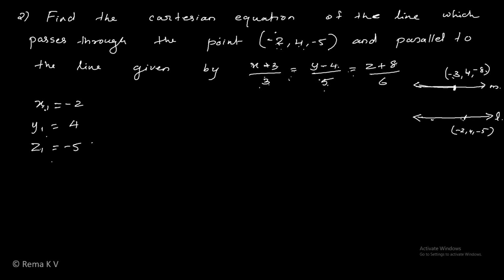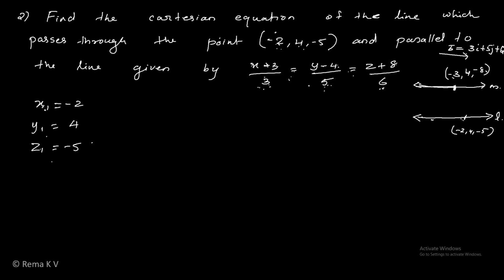And what about this 3, 5 and 6? What are these values? 3, 5 and 6 are the direction ratios of a vector which is parallel to this line M. This is a vector B which is parallel to the line M, and it is given that this is equal to 3i plus 5j plus 6k.